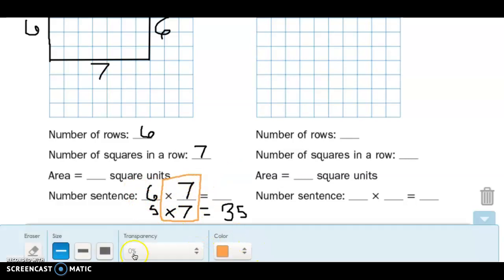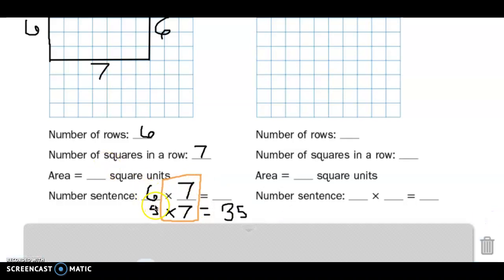Is 6 one more than 5 or is it one less? Is my 6 more than my 5 or less than my 5? It's 1 more than my 5. That means I need to add 1 more 7 to 35. What's 35 plus 7? Well, 35 plus 5 is 40, and then I should add 2 more because 5 plus 2 is 7.